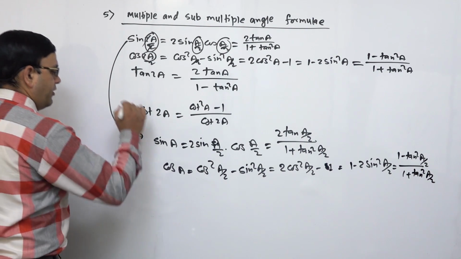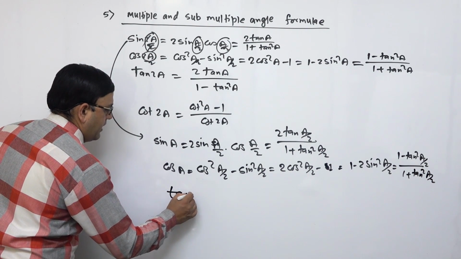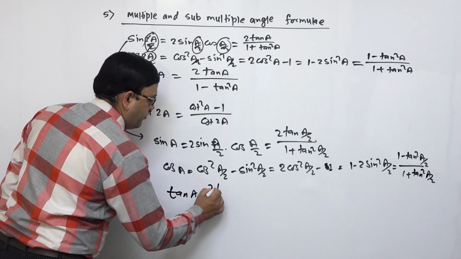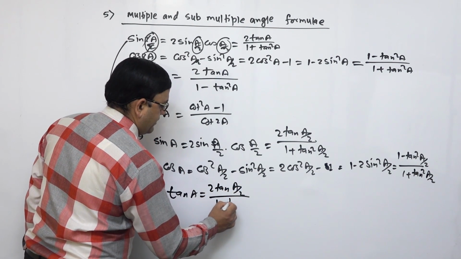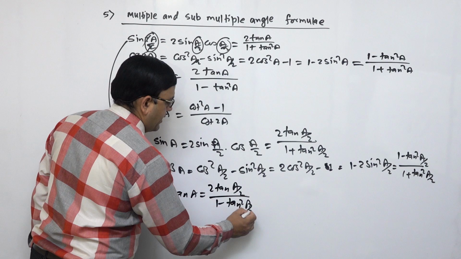Similarly, for tan A, the formula is 2 tan A by 2 upon 1 minus tan square A by 2.